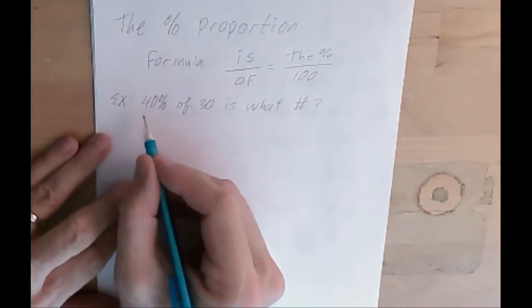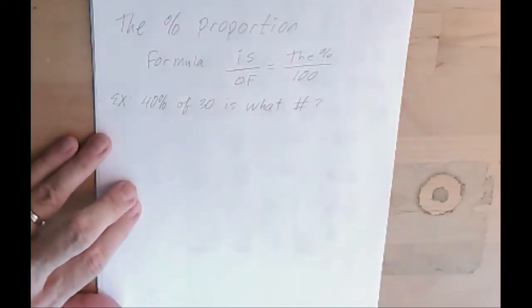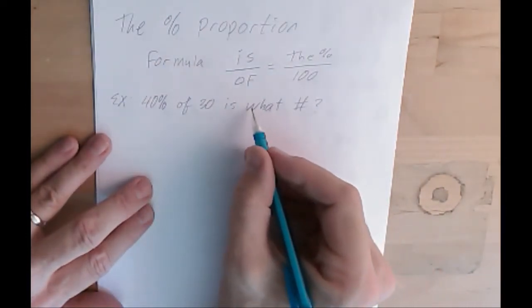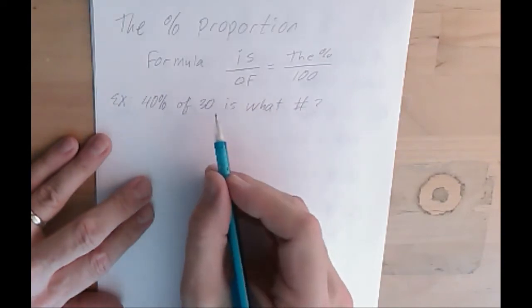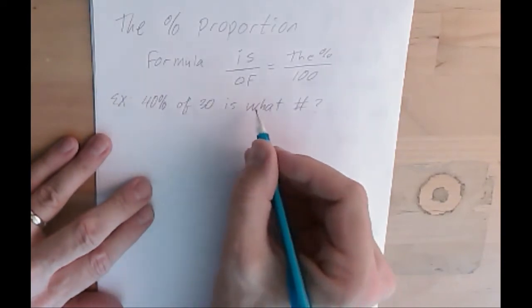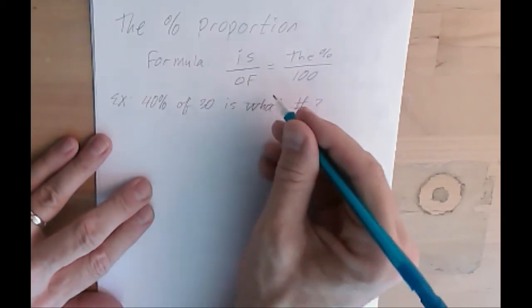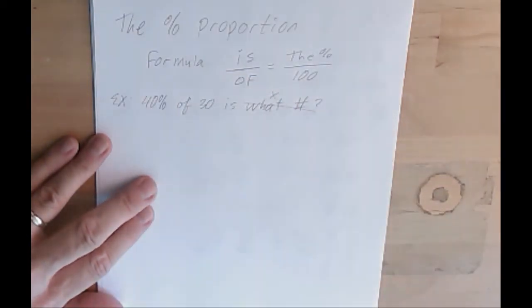I'm going to underline things in my sentence, but first, when it says what, the what is going to be the x. Just trust me on that. The what is the x, the answer to the question.